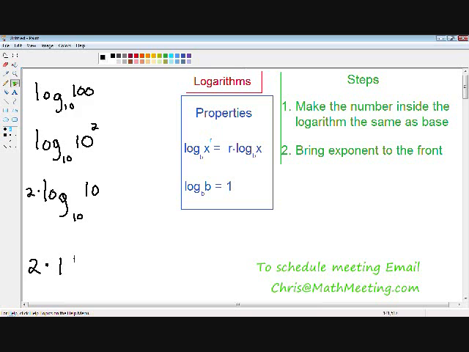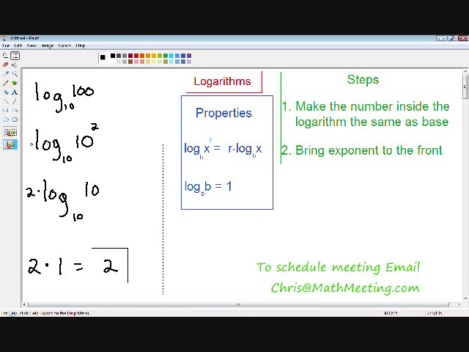And once again, that's our second property that I wrote for you. If the base is the same as the number that's inside, it's equal to 1. And 2 times 1 equals 2. And now we have evaluated the logarithm without using a calculator.